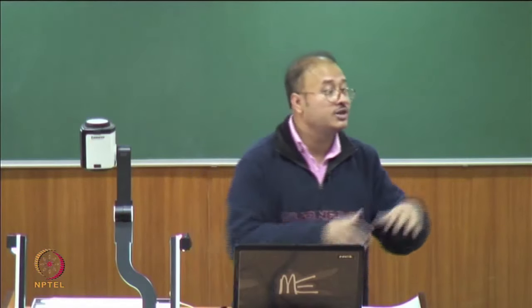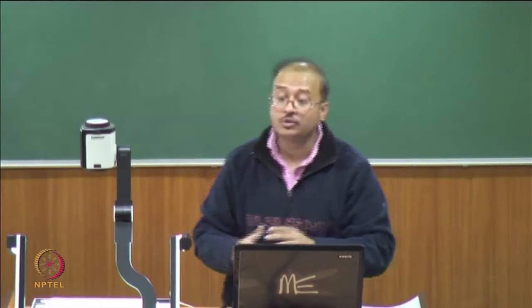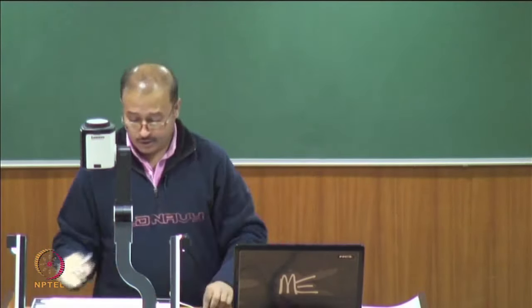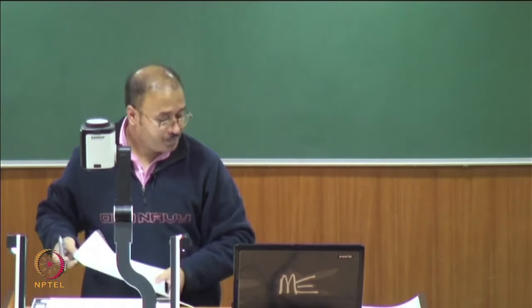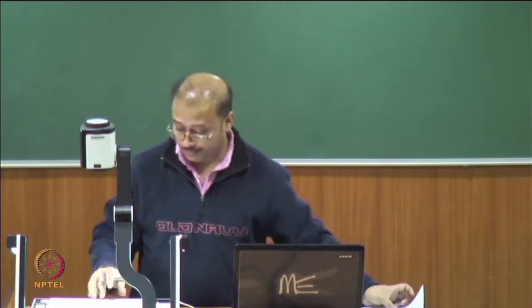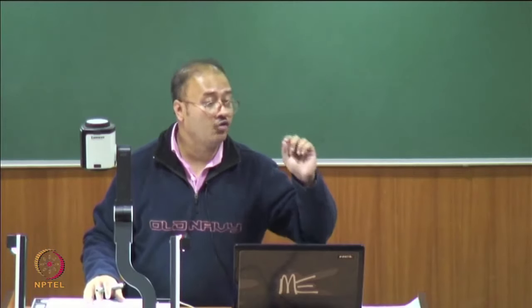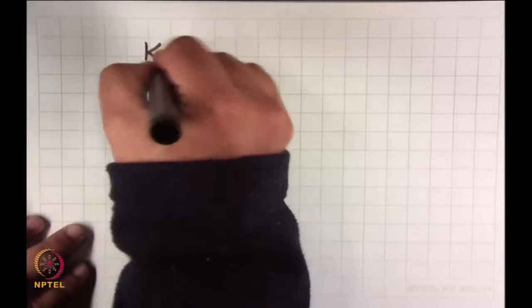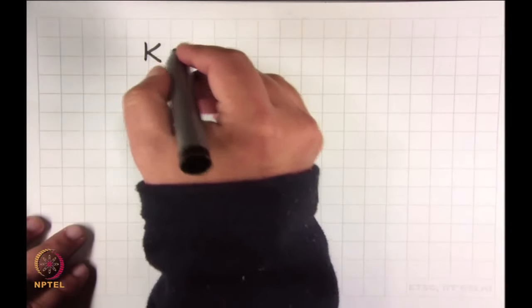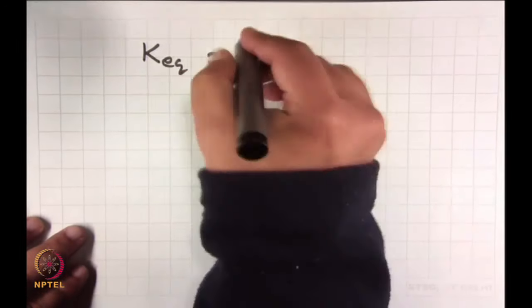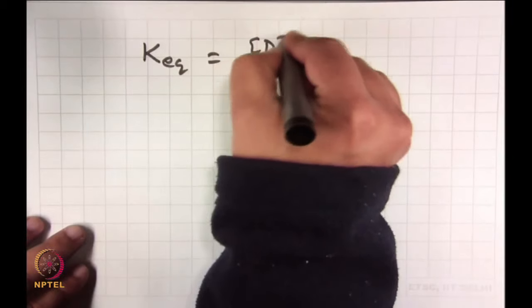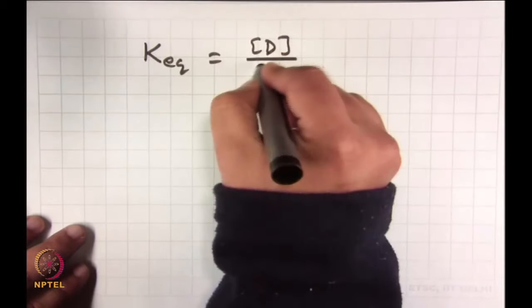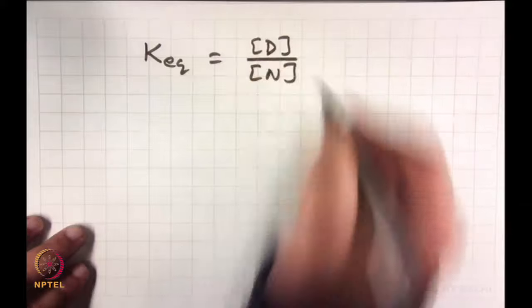Even without actually doing this derivation, you would have been able to write it down. Okay. Now, this is equation number 4. There is one more thing we know. We know that we are always maintaining equilibrium condition. So, what do we have? We have K equilibrium is equal to the concentration of d over the concentration of n.